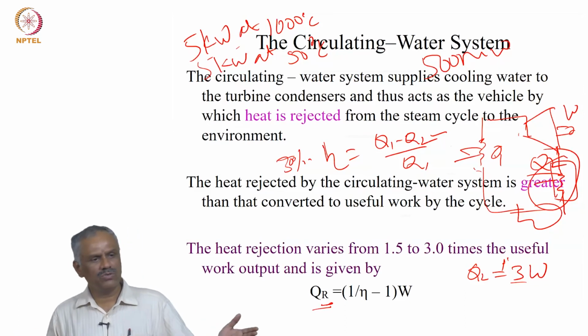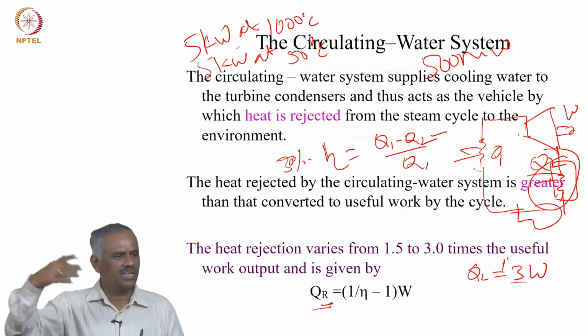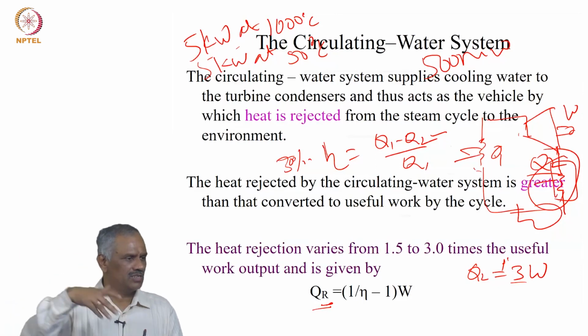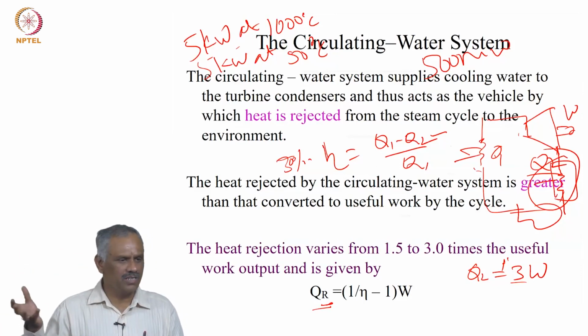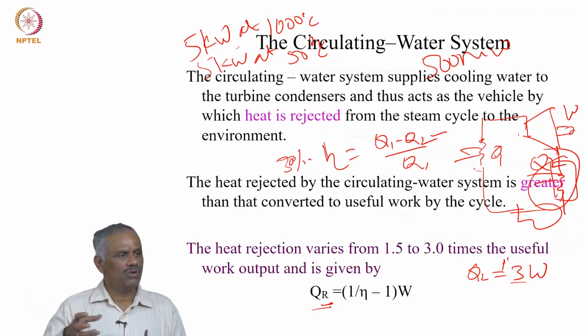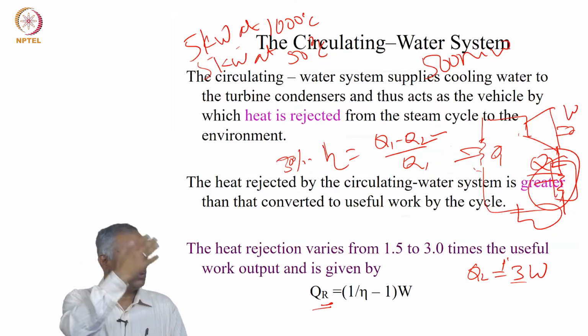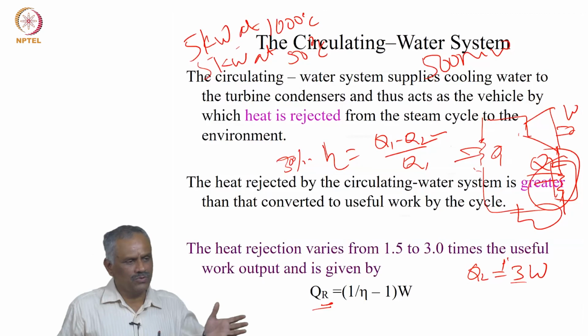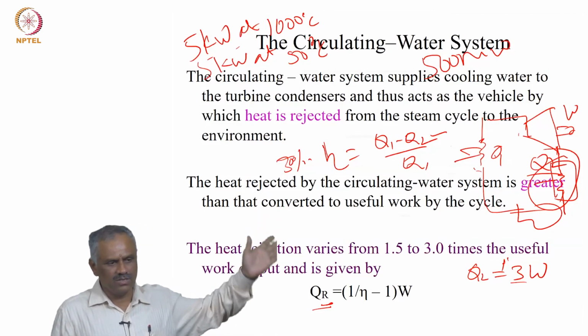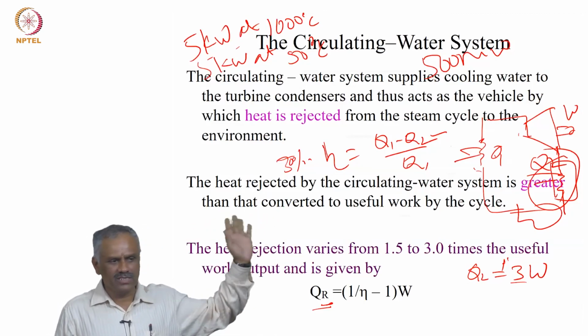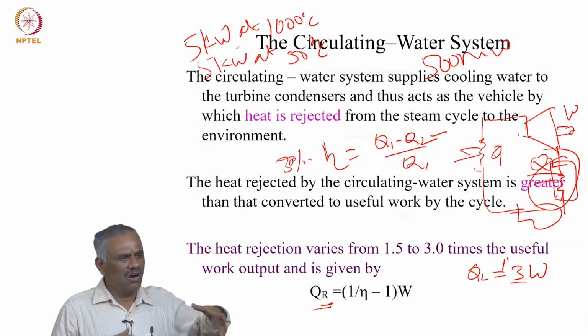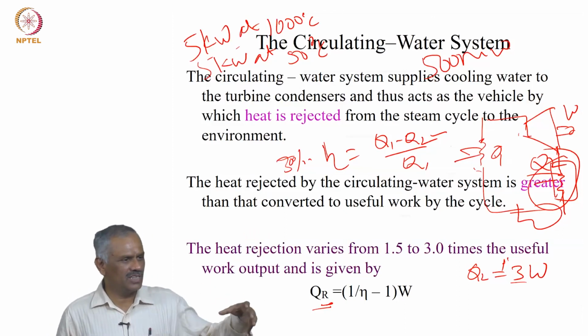You cannot afford to take the heat at the same temperature and reject into the atmosphere. I just now told you water bodies, thermal shocks will happen. So, you send huge amounts of water. I do not know how many of you travel towards north by train, you can see these Ennore thermal power plants, lot of water coming out. That is cooling water.